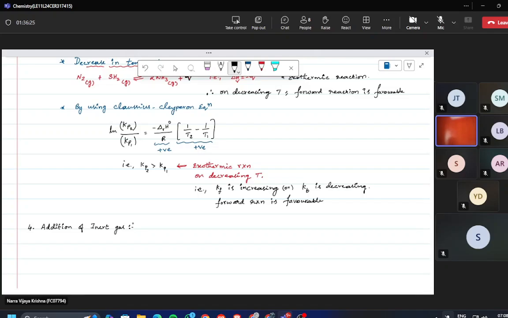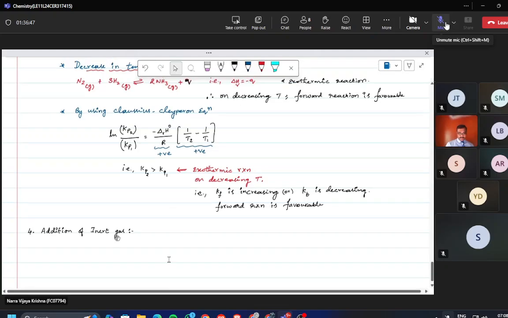PCl5 is undergoing reaction to reach equilibrium in presence of N2, which is inert. Same condition. I am adding N2 gas. Now tell me what happens to equilibrium? I don't want that. I want whether it is forward favorable or backward favorable. I want that condition.